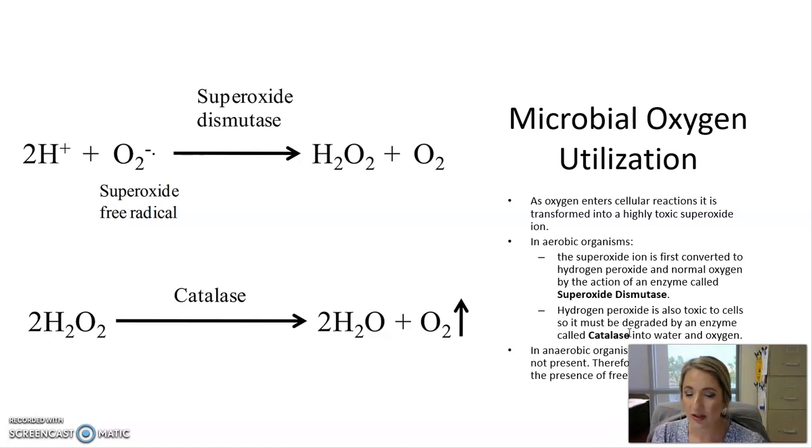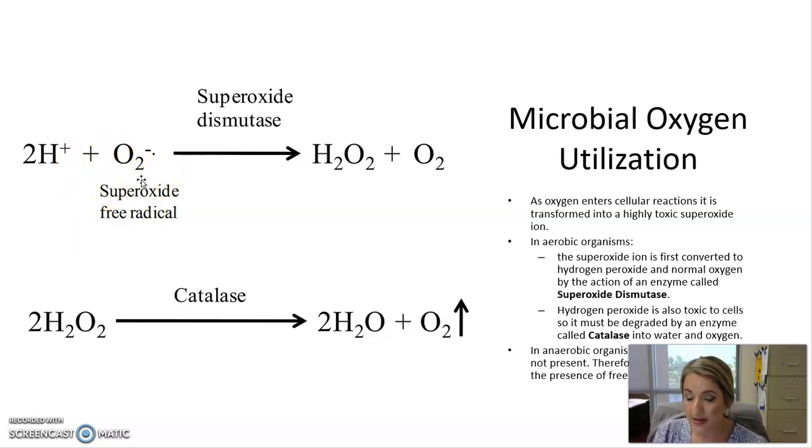So to kind of go through the process, when a bacterial cell takes in oxygen as an essential nutrient, the oxygen initially becomes toxic, and we actually call it a toxic superoxide ion. So as soon as the bacterial cell takes in oxygen, it becomes that toxic superoxide ion.